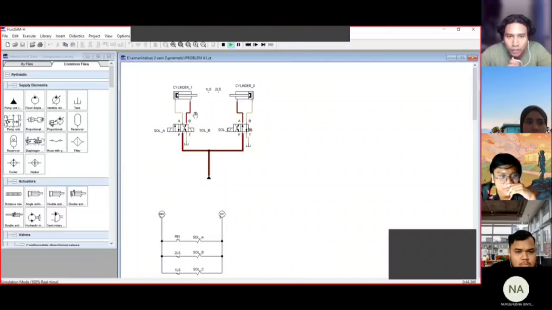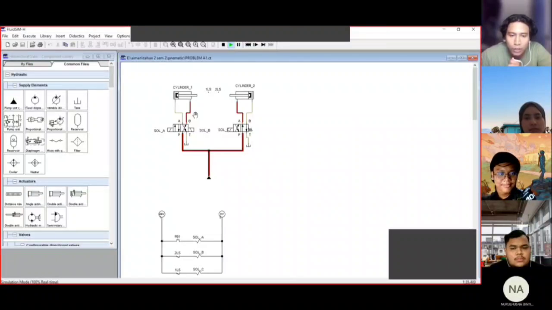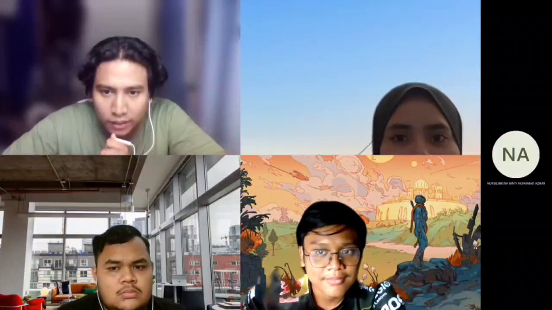When cylinder 1 retracts, it deactivates limit switch 1, so it de-energizes solenoid C. So the single solenoid valve, normally return, shifts back to retract cylinder 2. Okay, so the cylinders are back to the normal state. So the cycle ends. So that's all from me. I will pass this discussion to Nurul Husna.